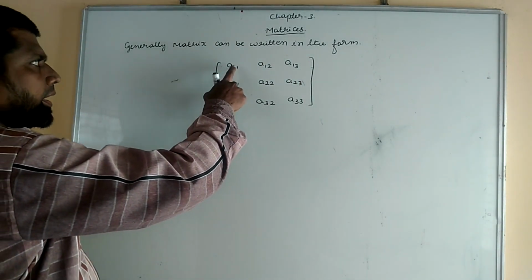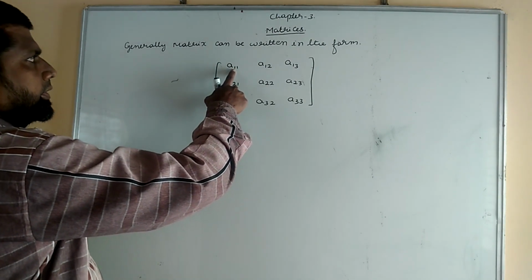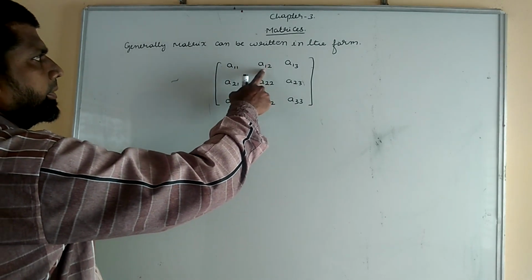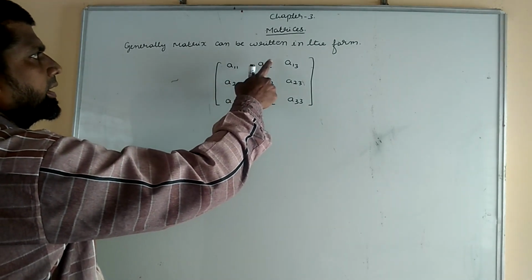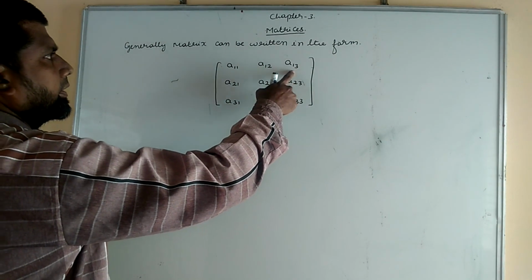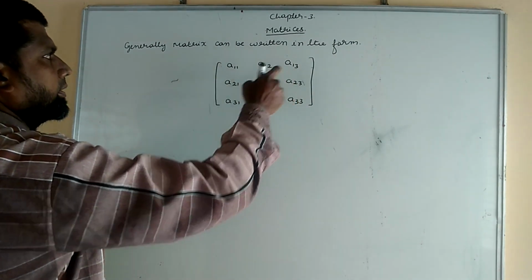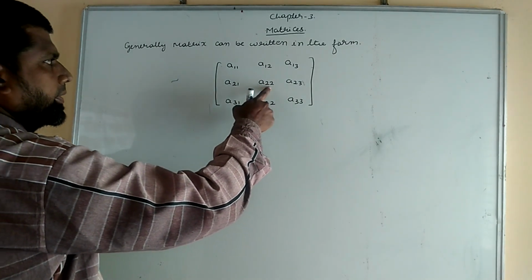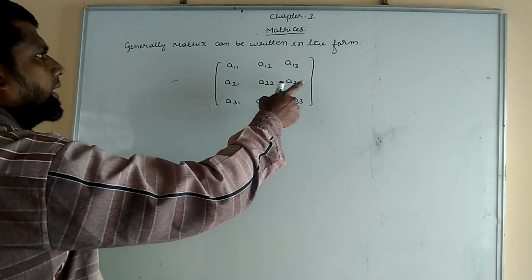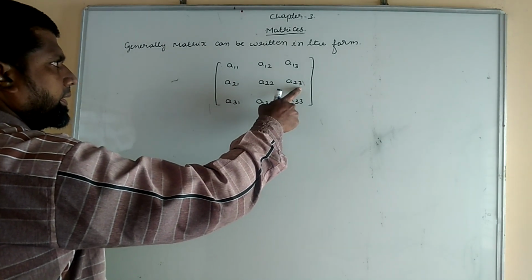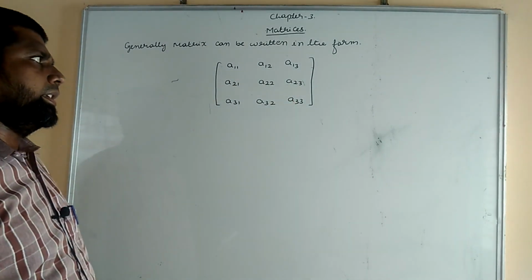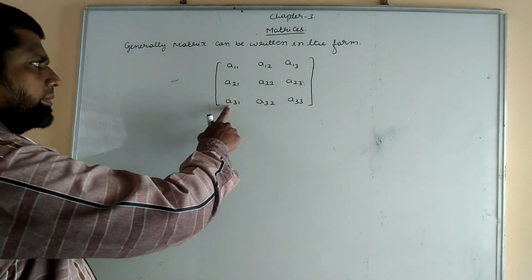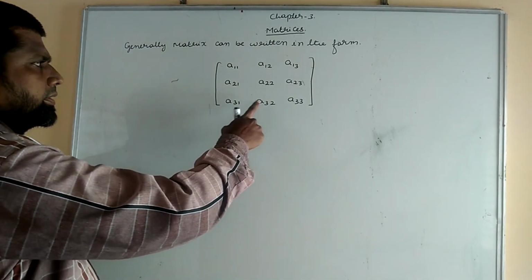A11 means first row, first column. A12 means first row, second column. A13 means first row, third column. A21 means second row, first column. A22 means second row, second column. A23 means second row, third column. A31 means third row, first column.